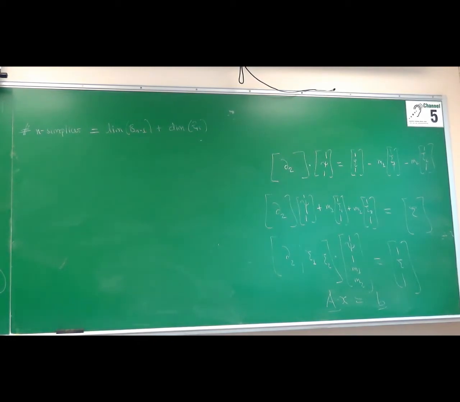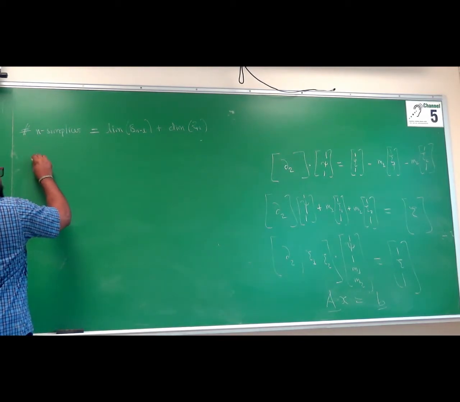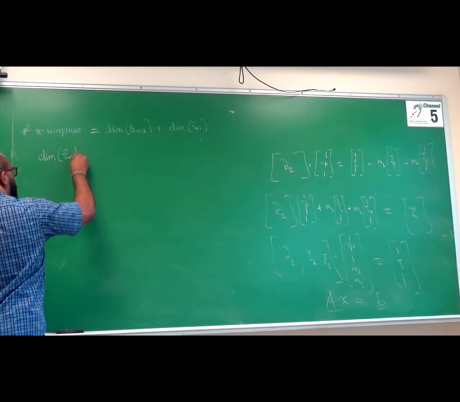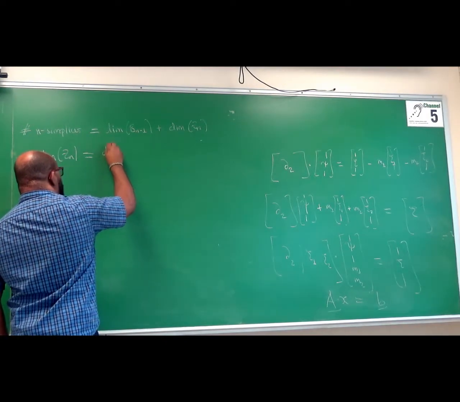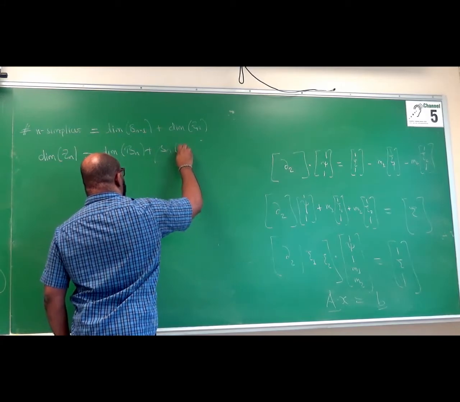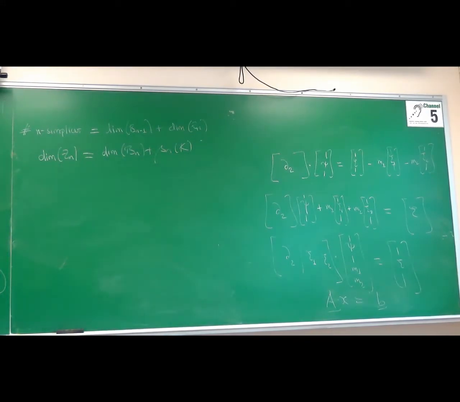And the way to remember that is the rank nullity theorem that one can sort of get from the Smith normal form decomposition. We also learned that the dimension of the cycles is literally the dimension of the boundaries plus the Betti numbers in dimension n. Okay, so those were two things that we used on Monday.